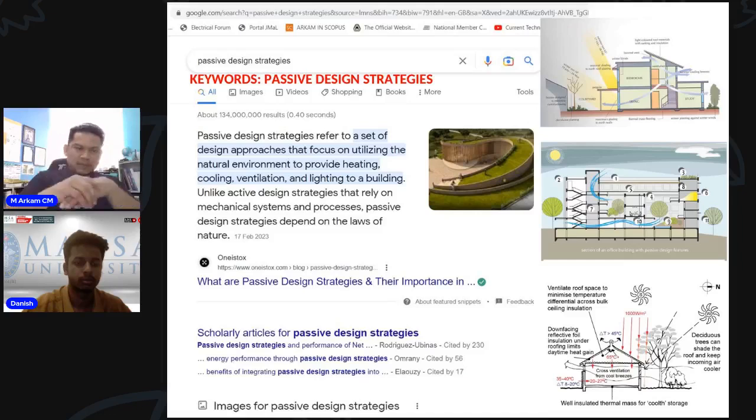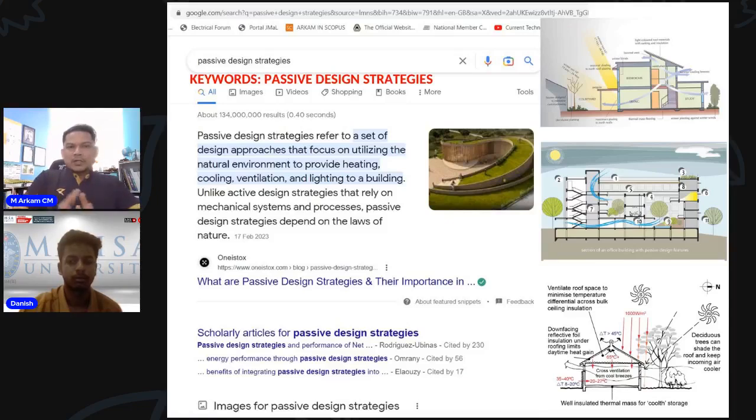So the opposite of passive design is actually active design. Active design is about the mechanical systems or processes that are imposed into the building to improve the optimization of the energy inside the building.